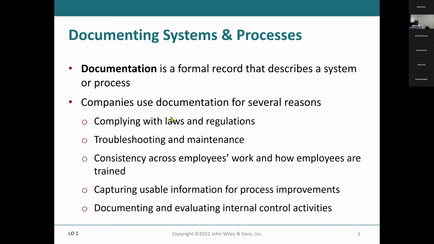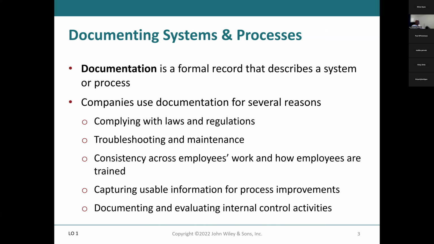So companies use documentation for several reasons, and some of the basic ones are to comply with laws and regulations, to troubleshoot and maintain consistency across employees' work and how employees are trained, capturing usable information for process improvement, and documenting and evaluating internal control activities.